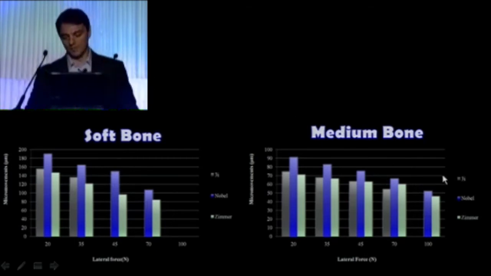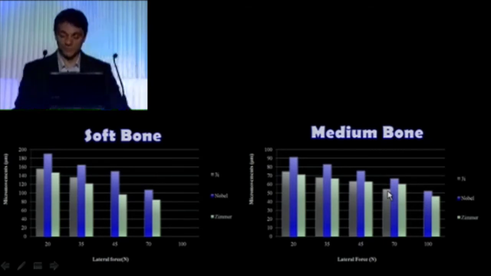Well, in medium bone, again, the new Noble Active was not better, but look at the 3i standard Brånemark screw going up to 45, 70 Newton, it increased, it improved the stability.